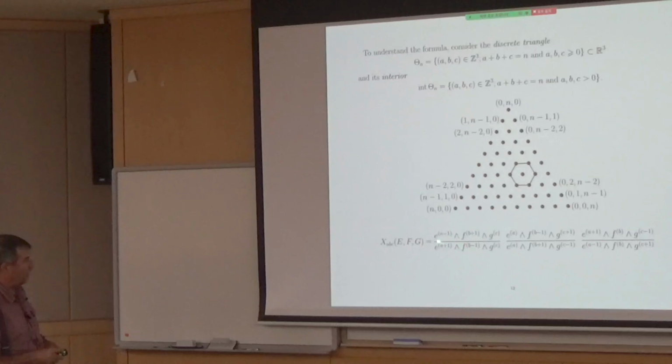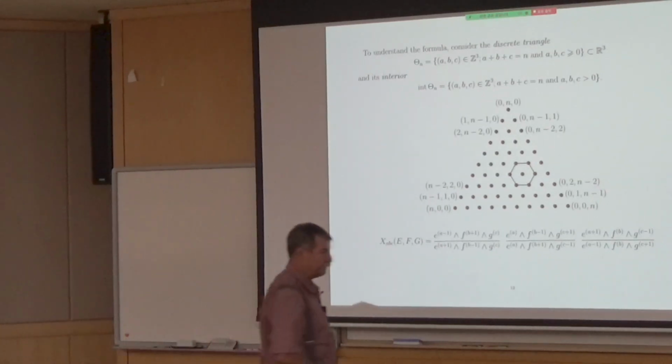The one corresponding to this one here is, I think, this one, and so on. So all these 6 terms are on the hexagon, and then you go top, bottom, top, bottom, top, bottom. That's exactly what the formula says. So it's a better way of understanding a little bit what's going on.